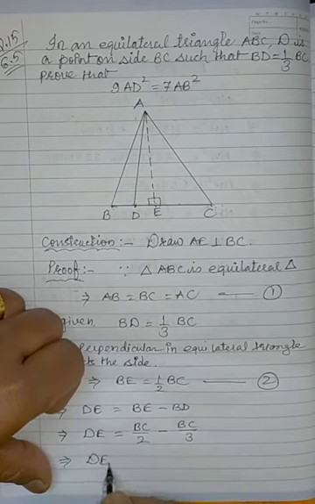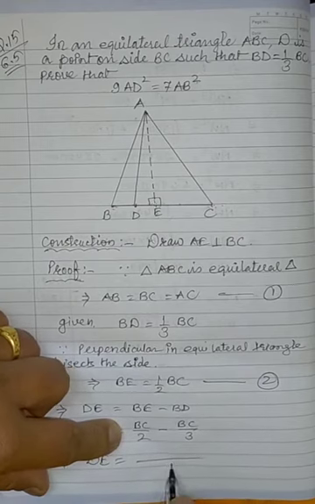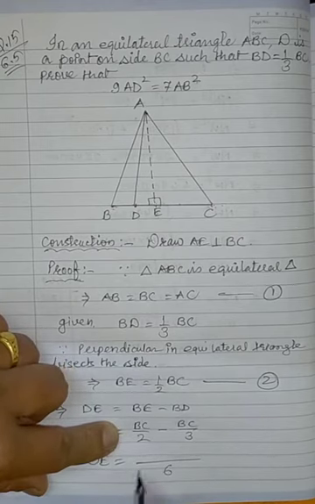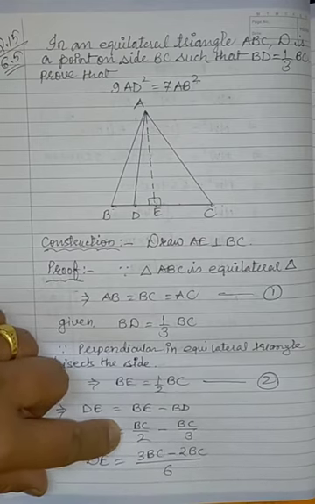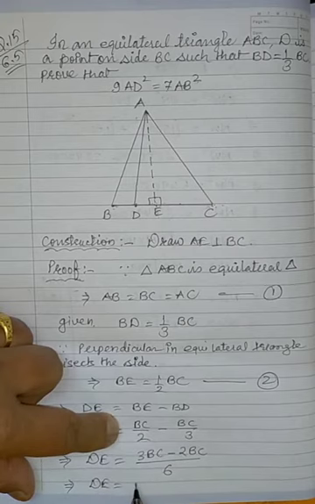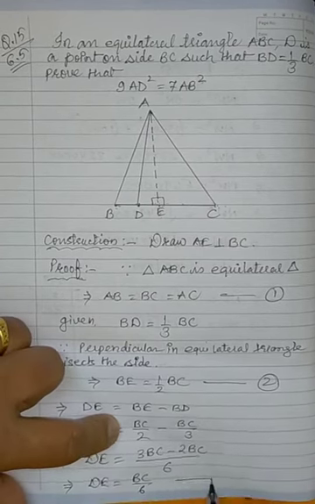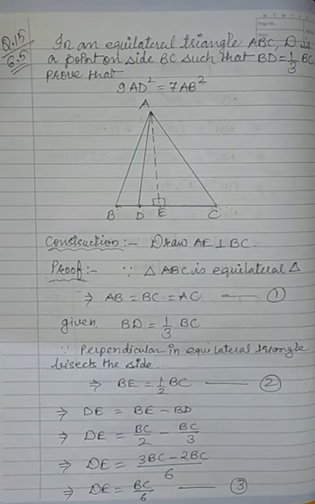That implies DE is equal to, the LCM of 2 and 3 will be 6, so 3 BC minus 2 BC over 6. That implies DE is equal to BC upon 6. Let this be equation number 3.